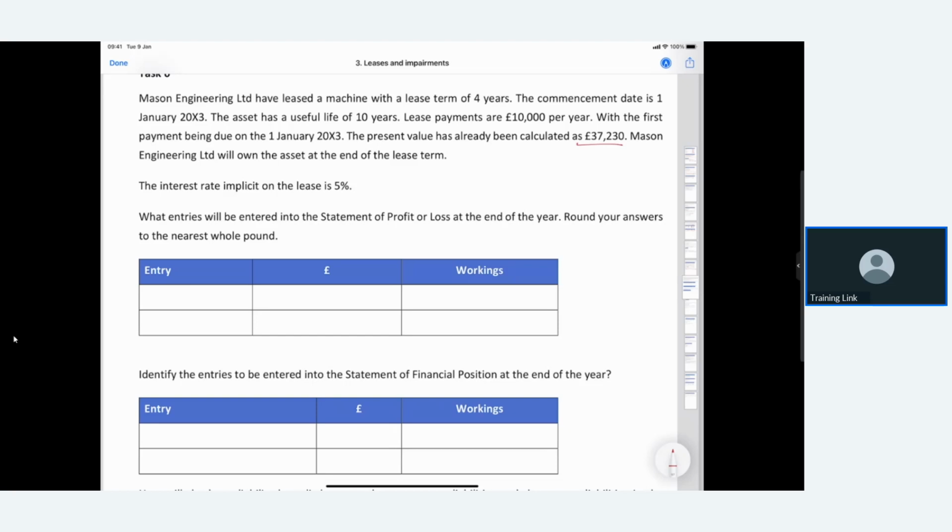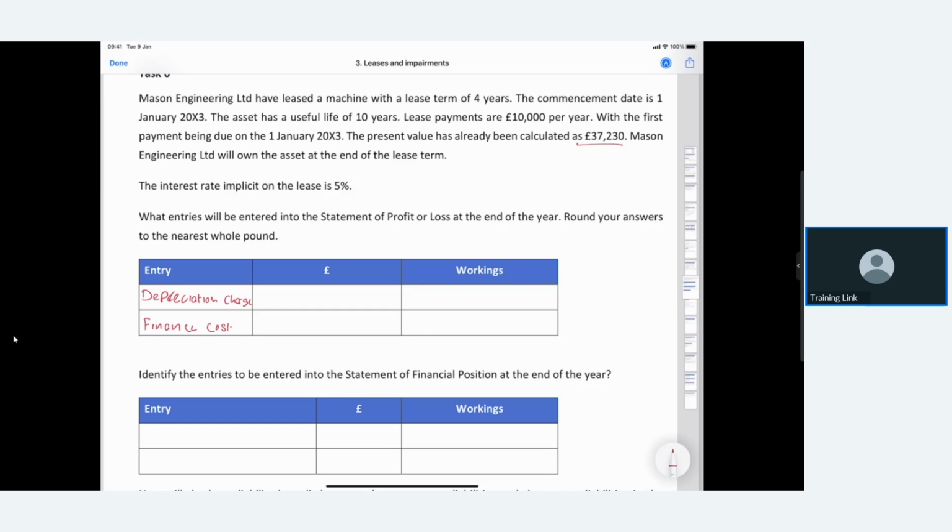Right then, so we're going to have 2 here. Into the profit or loss is absolutely key, because the 2 entries that will always be entered into the profit or loss will be the depreciation charge and the finance cost, i.e. the interest on the lease. So what we need to do is first work out that depreciation charge.